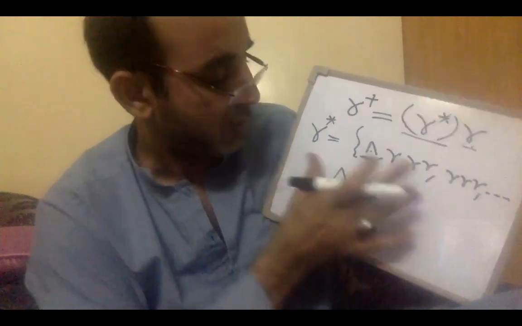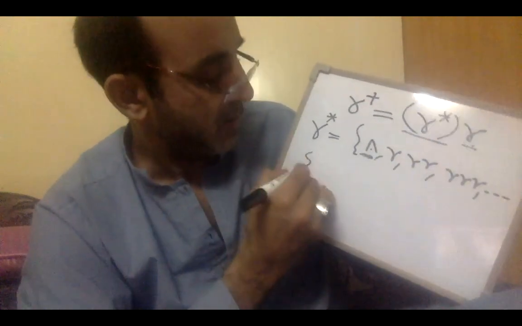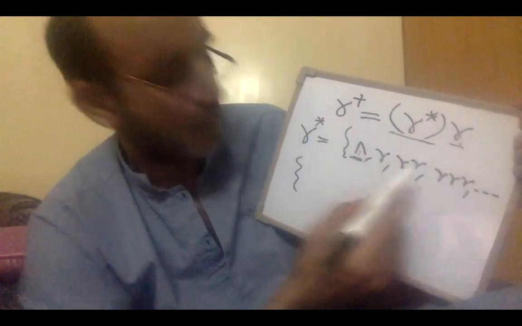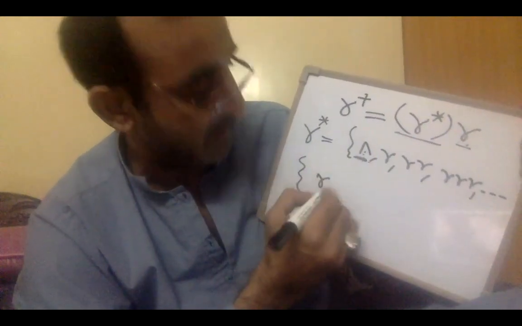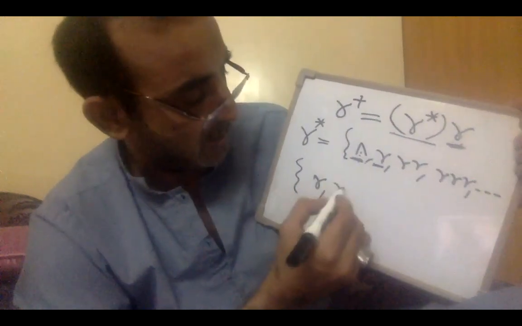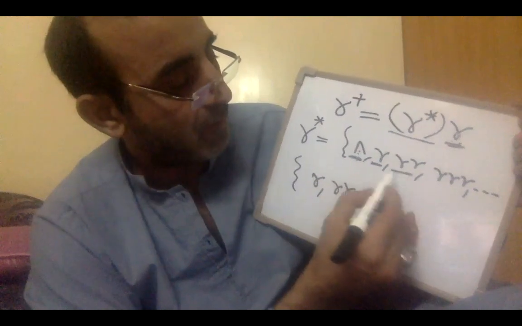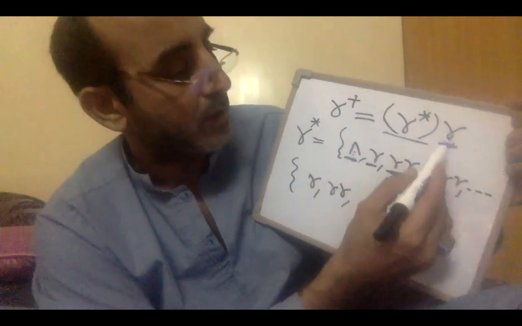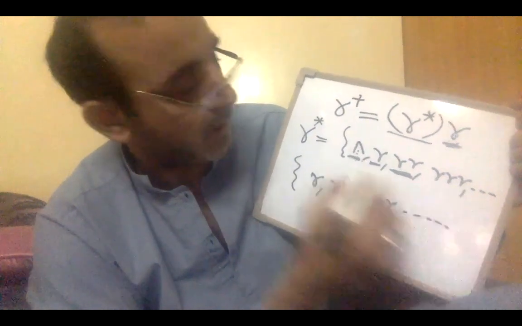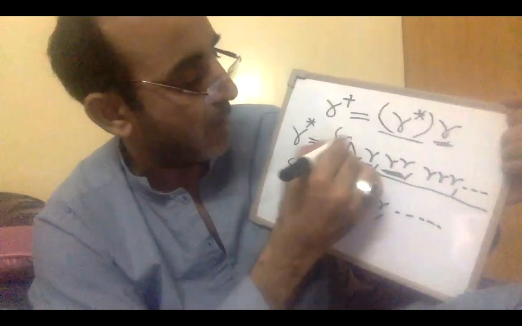R. So after multiplying this null with this R, you get R. After multiplying this R with this R, you get double R. After multiplying this double R with this R, you get triple R. And so on. Again, the same language, but without null.